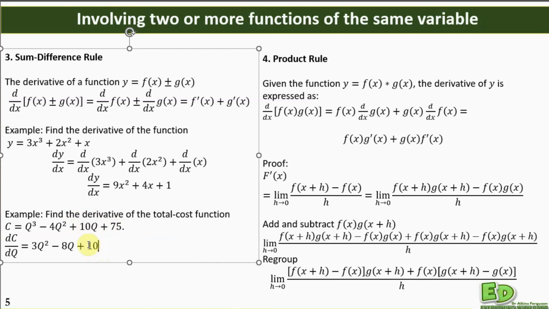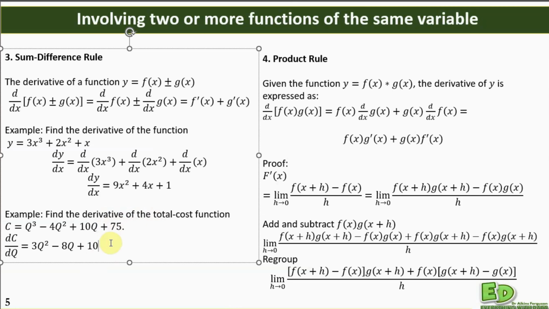And it will be 10q raised to the power 1 minus 1. 1 minus 1 will give us 0, so that is basically 10q raised to the power 0. And any number raised to the power 0 is 1. So 10 times 1 will give us 10. Remember, we did what is called the constant rule. It says that the differential of any constant, any number without any variable attached to it, is equal to 0.